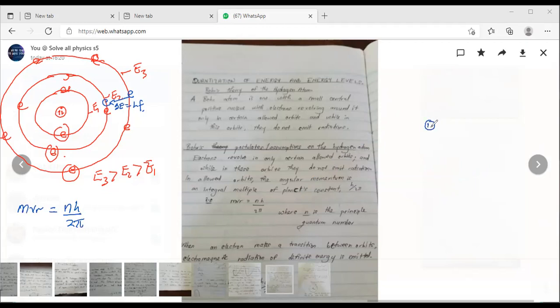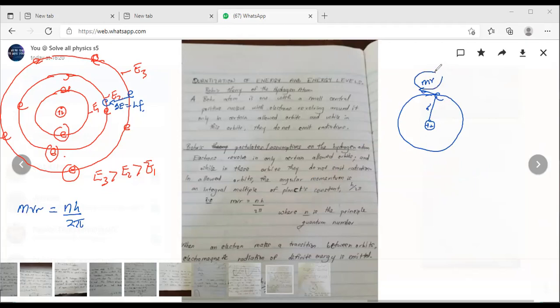If this is the positive nucleus, and this is the electron revolving around the nucleus at a distance r from the nucleus, as it revolves, it possesses momentum.